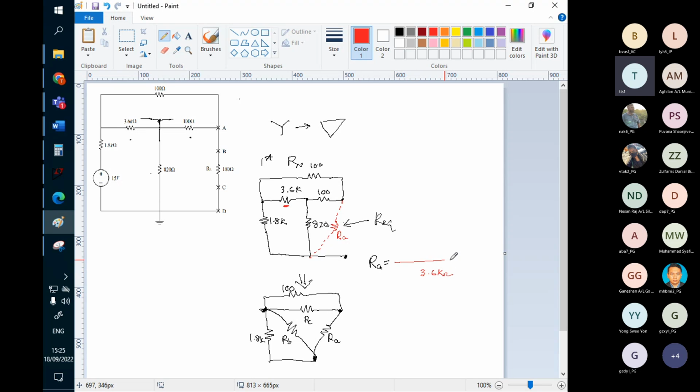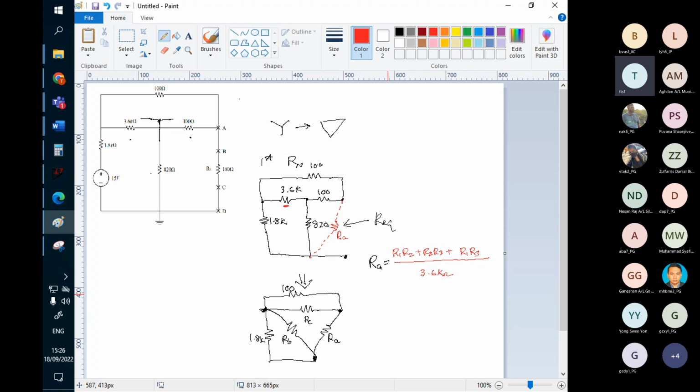Then on the numerator, you just put all the combinations: R1R2 plus R2R3, plus R3R1. R1R3 is the same. No more else, right? R3R2 is the same as R2R3. But the denominator is important. The denominator is the one exactly opposite the RA, which is 3.6K.